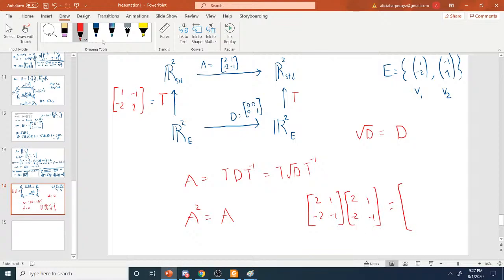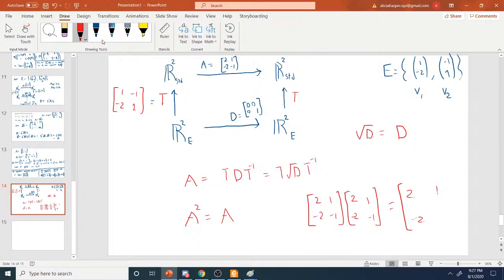So let's see, if I multiply this by this, first column by first row here, I get 2. If I multiply this by this, I get -2. If I multiply this by this, I get 1.